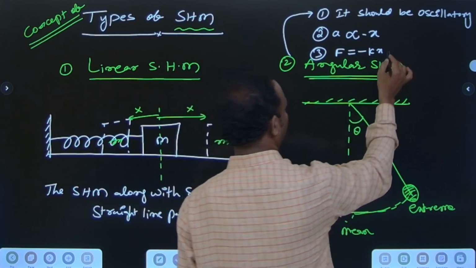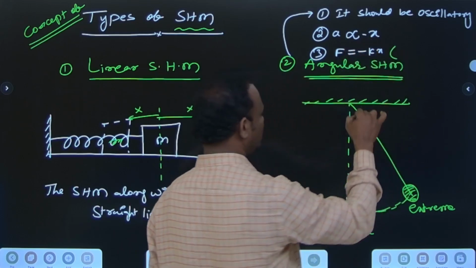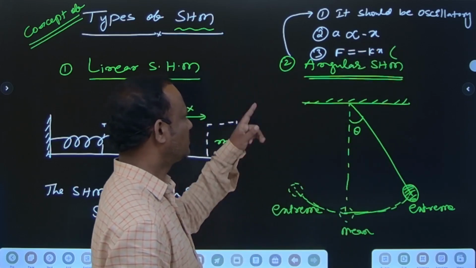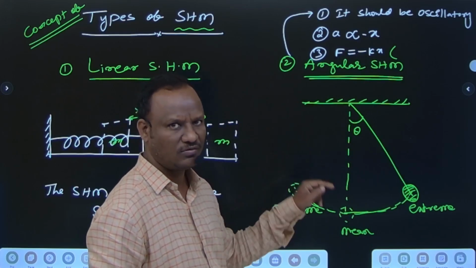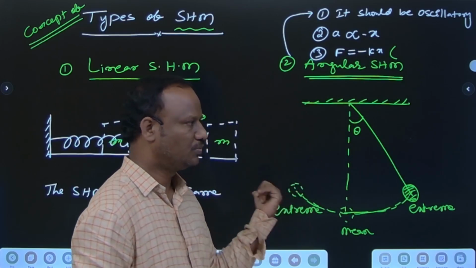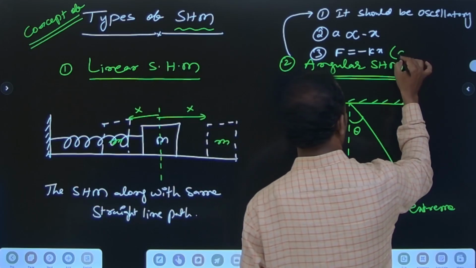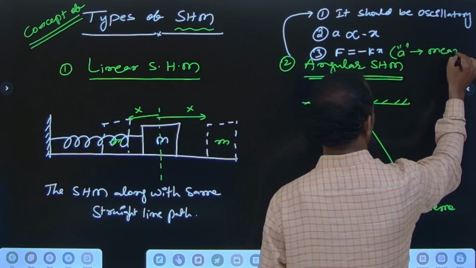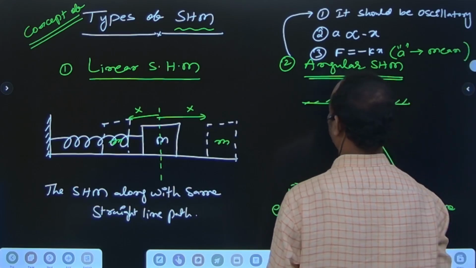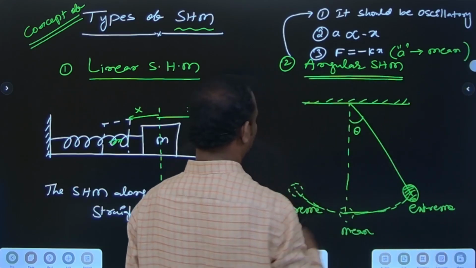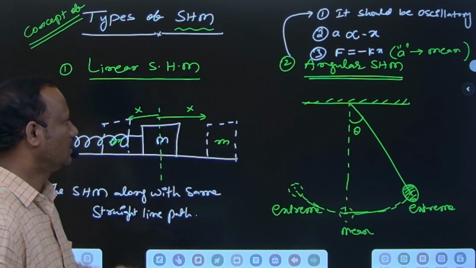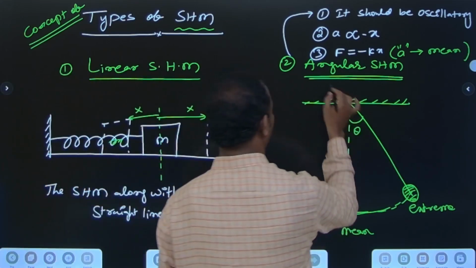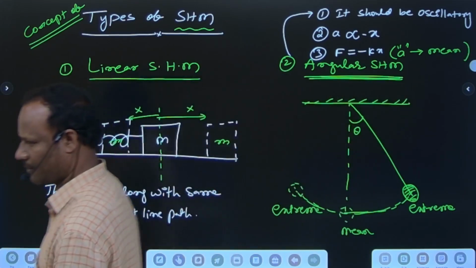One point we can add: the acceleration of the particle executing SHM is always directed towards the mean position of the SHM system. So this is angular oscillation.